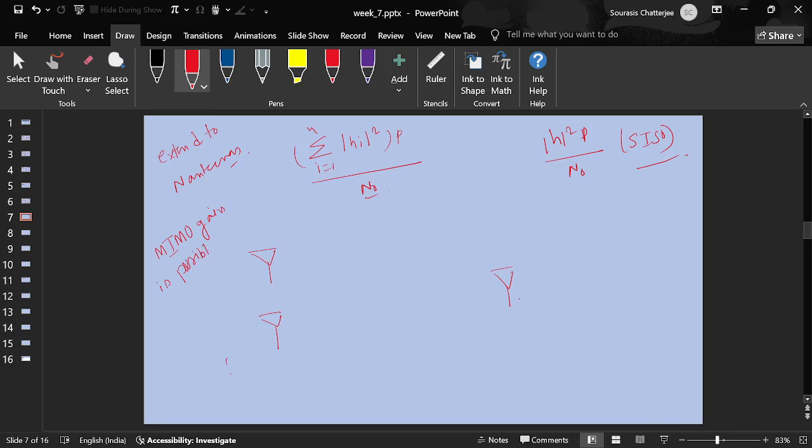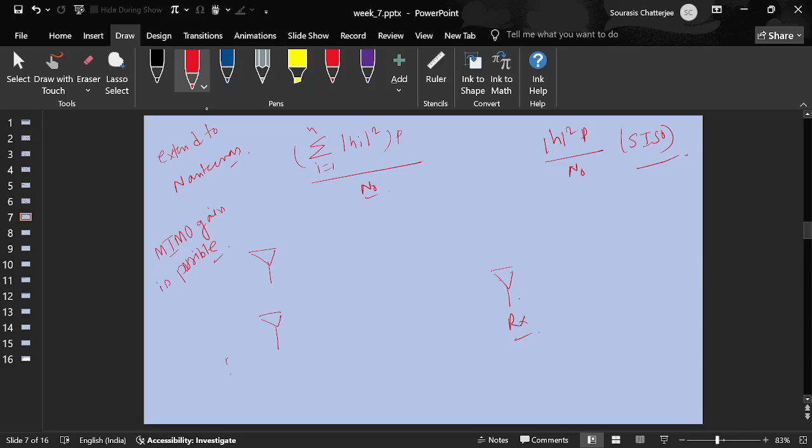But how is that exactly possible? For example, there cannot be any combining, right? Because you have a single antenna at the receiver end, so you have only one observation. So how do we achieve that?